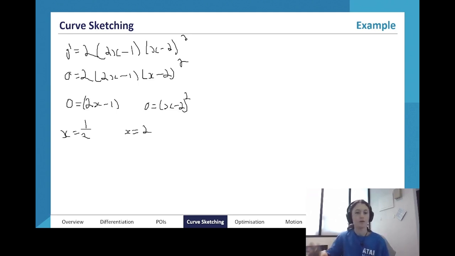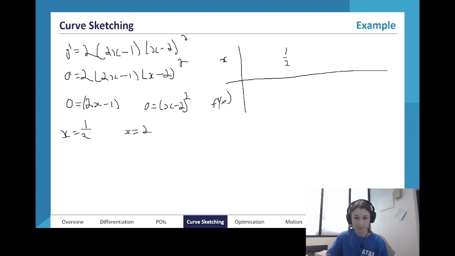Okay, moving on. Now we need to determine the nature of these stationary points. So we need to use a table of values as the question specified. So we're going to have x, and we're going to have our first derivative. So we're going to have x equals a half, x equals 2.